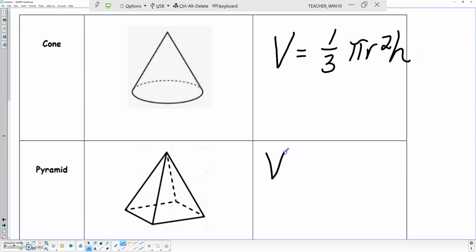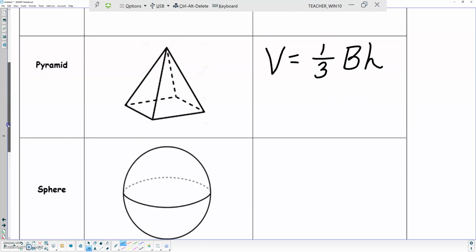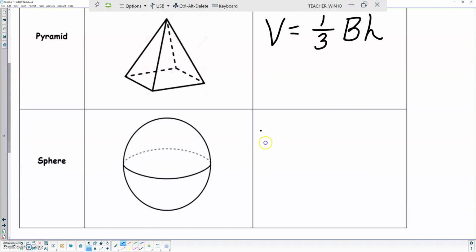For a pyramid, the volume is 1/3 area of the base times the height. And for a sphere, the volume is 4/3 pi r cubed. You might want to have these formulas in front of you or be able to reference them as we go through the rest of the lesson.